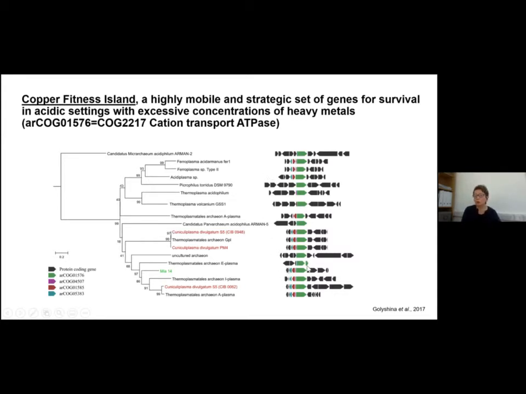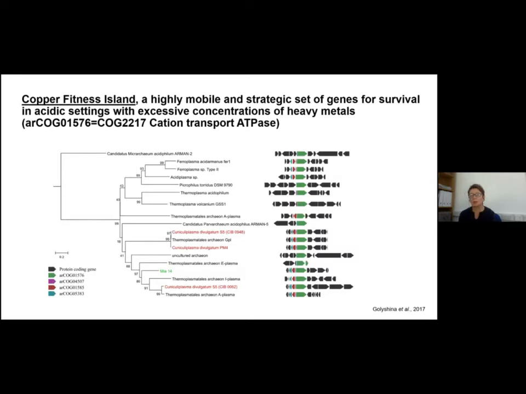What we also know from the analysis of Thermoplasma, of Thermoplasmatales, and of Cuniculiplasma particularly, is that these organisms have a number of genes which help them cope with high concentrations of heavy metals.